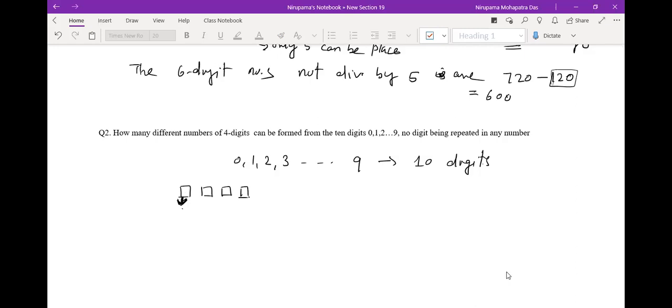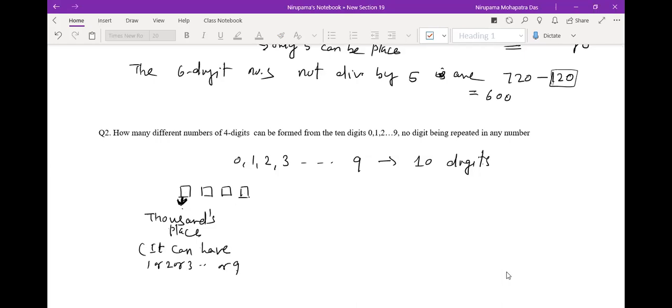So the thousands place cannot have 0, it can have 1 or 2 or 3 like this up to 9.